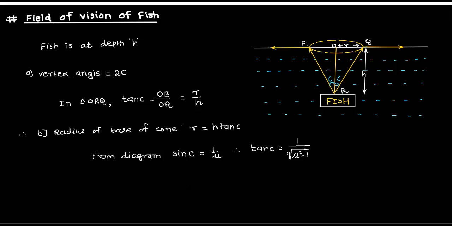That is tan C. Now if I substitute here, therefore R is equal to H into 1 by under root of mu square minus 1, and therefore R is equal to H divided by under root of mu square minus 1, where mu is the refractive index of water here, or the medium in which the fish is present.